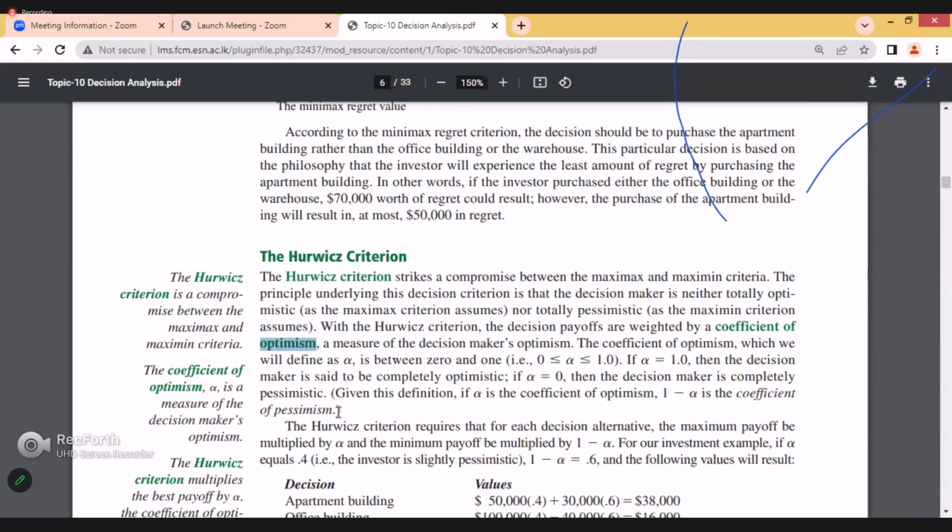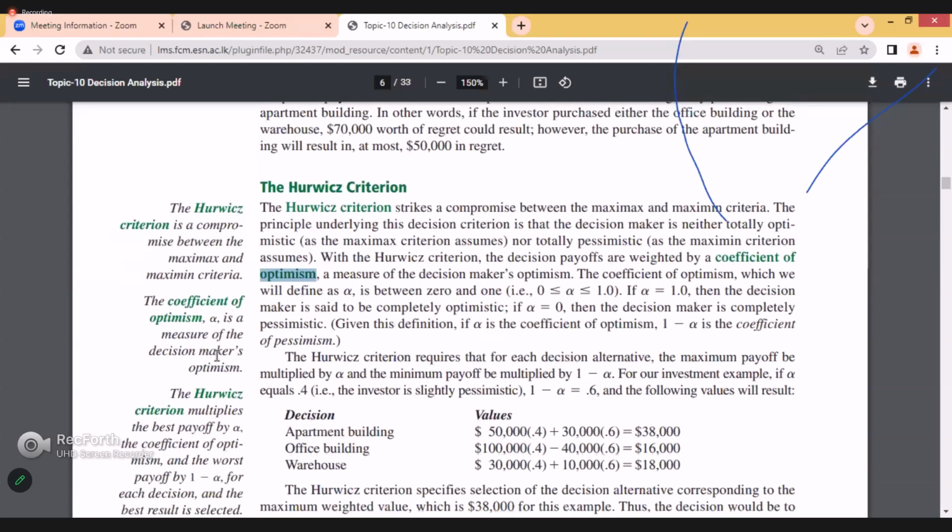But don't misunderstand, it is not a probability. The weightage is considered as the coefficient of optimism, the alpha value. Here you see on the right hand side, we mentioned the coefficient of optimism is alpha. It's a measure of the decision maker's optimism. Optimistic means they look into it very positively. So in this example, they have given an alpha value of 0.4.